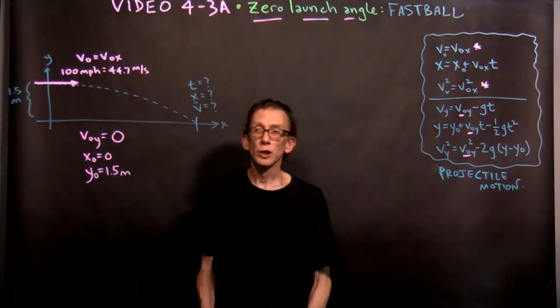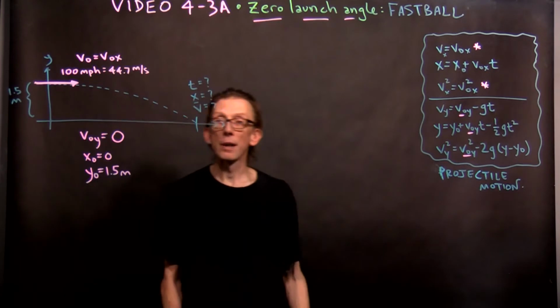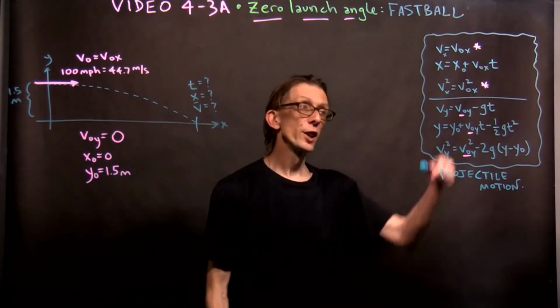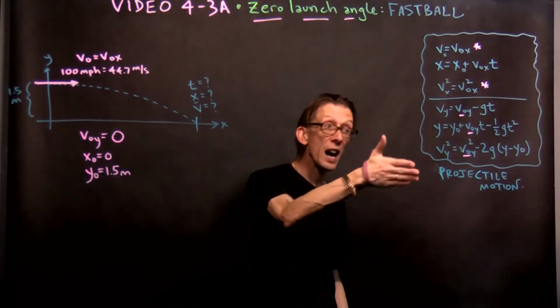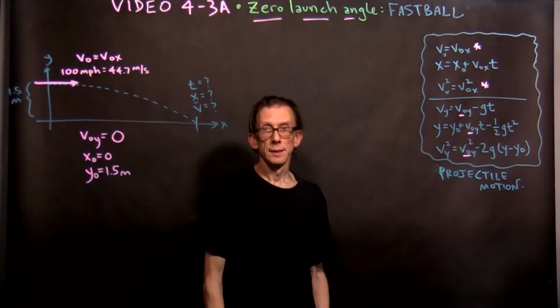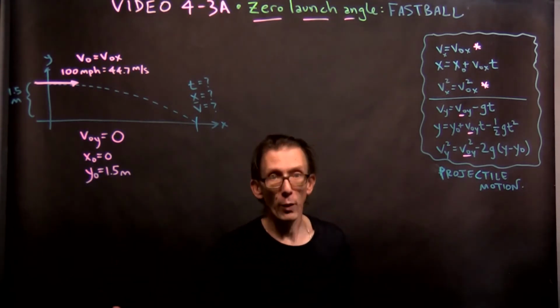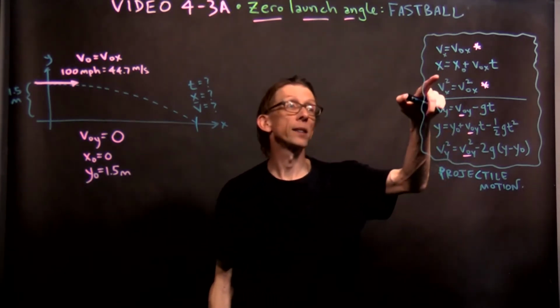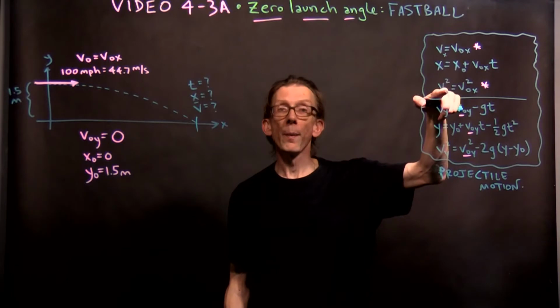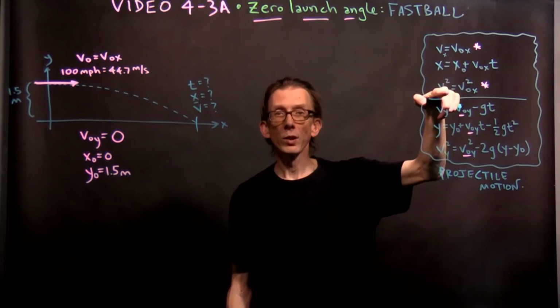So we want to know what time is. Let's look at our equations here and find out which one of them involves time and stuff that we know. Well, none of these, right? Because we don't know x. Equations 1 and 3 up here in the x direction, they're not that useful.